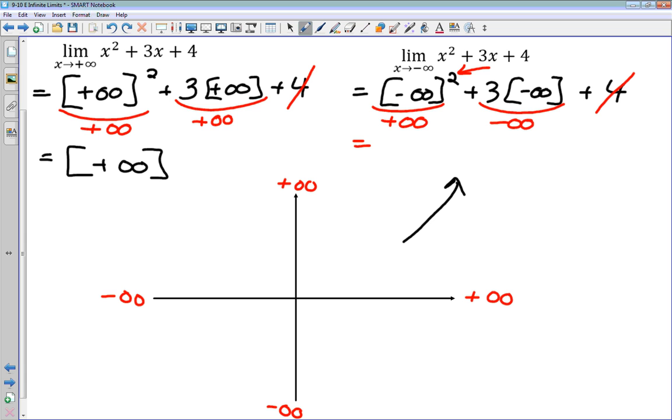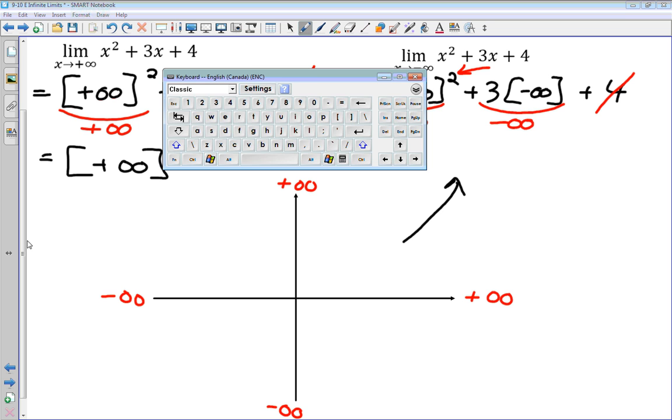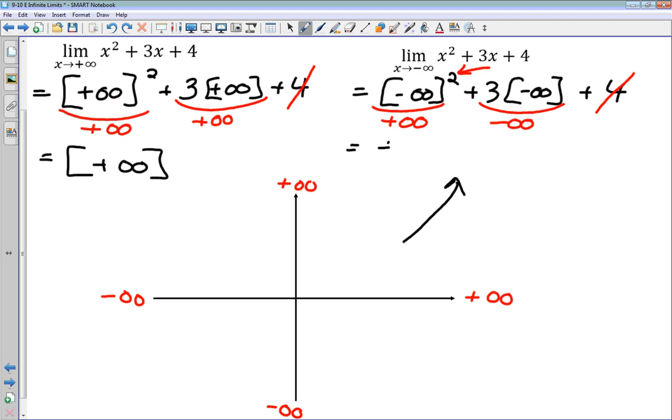So this one, again, is also going to tend off towards positive infinity. We don't need that. So over here, this thing is going to head off to positive infinity as x tends towards negative infinity, which gives us, if we just join up the curves here, our nice little parabola shape here.